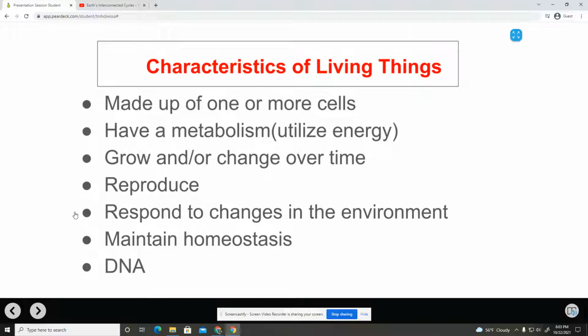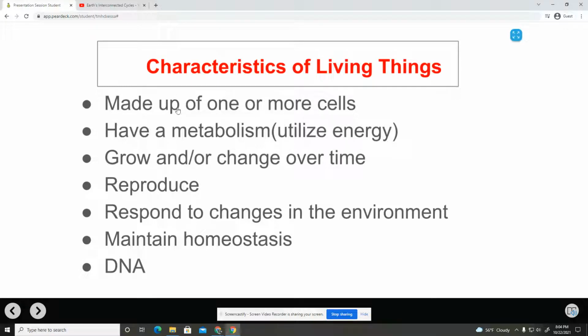They cannot respond to changes in the environment. They cannot maintain homeostasis, but they do have DNA and they undergo natural selection. And they do infect living cells. After the infection, then they actually do have all these characteristics, but alone they do not. So that's where the debate comes in.